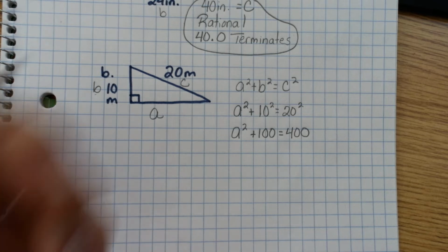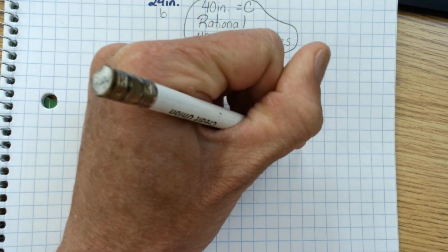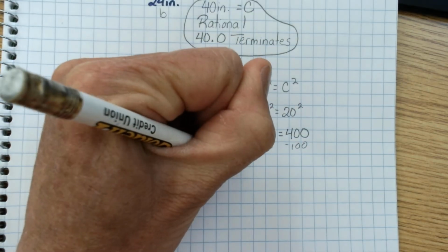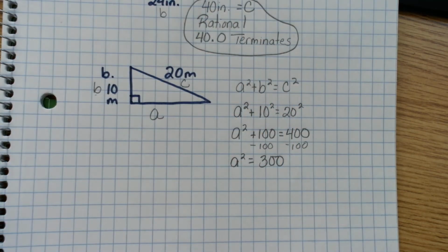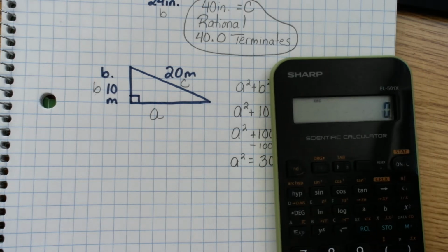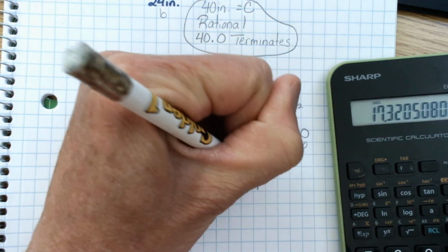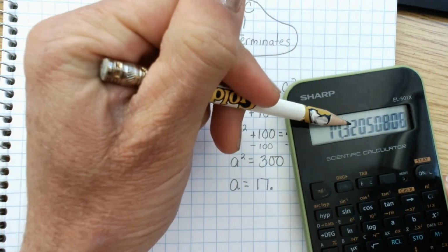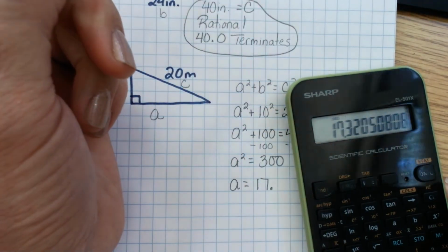To solve this equation, I need to get a squared isolated or by itself, so I'm going to subtract 100 from each side. a squared equals 300. What number times itself equals 300? Oh, I'm not real sure on that one, so I'm going to use my calculator for help. The square root of 300, oh, look at that. a is equal to 17.3205080808.